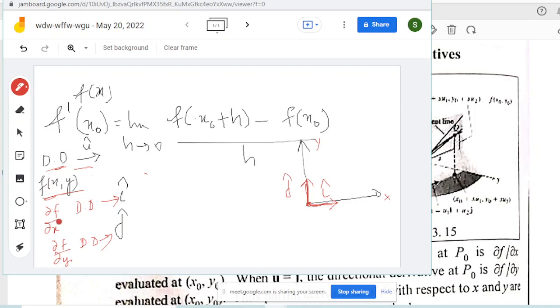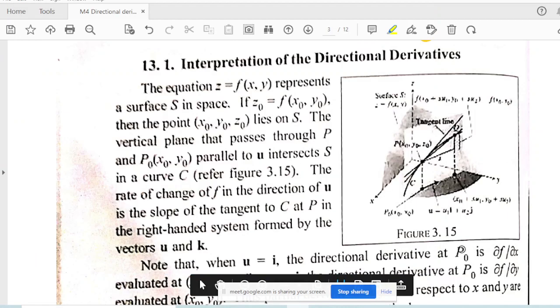There are two partial derivatives, dou f by dou x and dou f by dou y. Dou f by dou x is the directional derivative in the direction of i, and dou f by dou y is the directional derivative in the direction of j. So we can say that the partial derivative is a special case of the directional derivative.